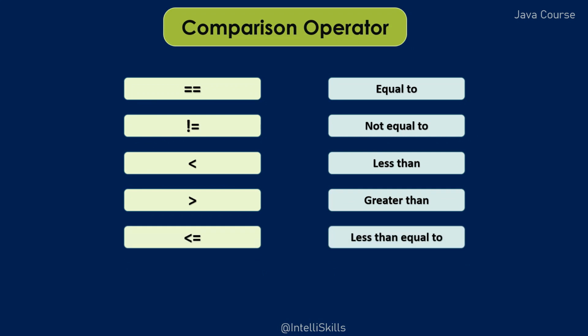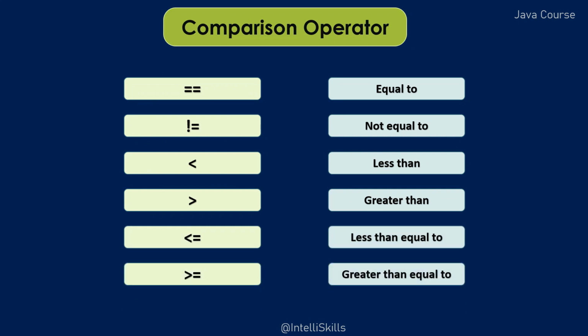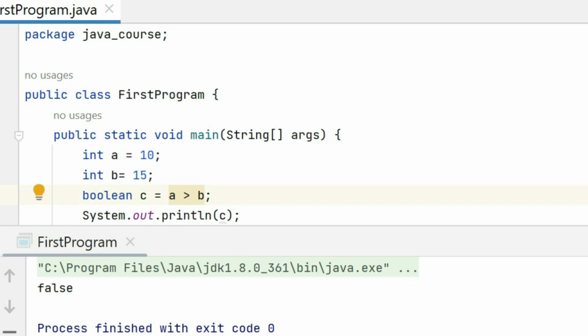Alright, next is less than equal to and greater than equal to. If I place greater than equal to, it is telling us that if A is greater than or equal to B, I will print true. Okay, I'll make it 10 once more. It is coming true because first it is checking whether A is greater than B. It sees that A is not greater than B; how can 10 be greater than 10, right?